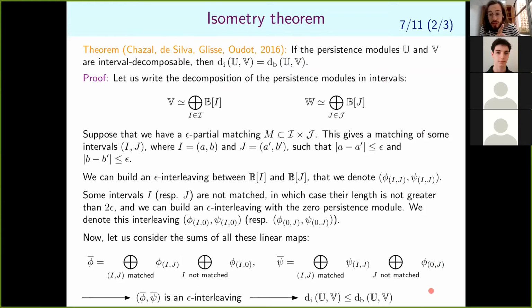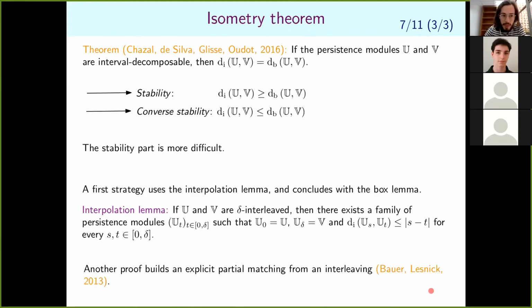Though what is less direct is the stability part. And really this is seen as a point of the theory where, okay, all right, we have to do something a bit more difficult than the rest. There exist not many proofs.